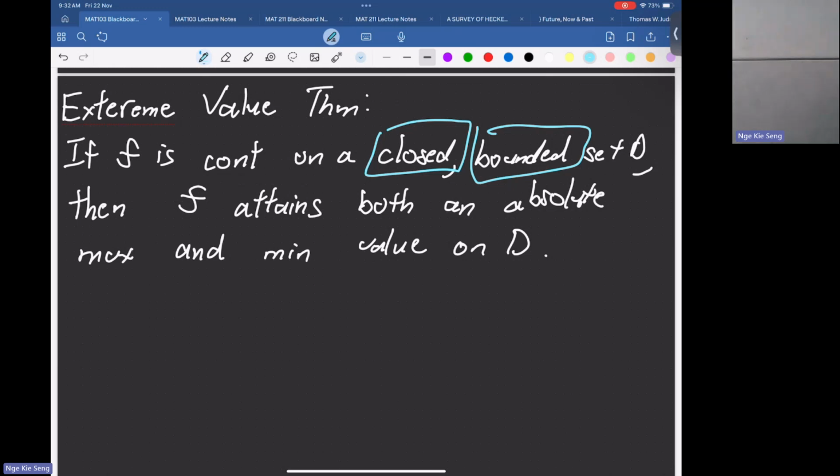You cannot be greater than one number, and you must be greater than some small number. So you have a bounded region. But how about R2? How to bound R2? Maybe this classroom will bound this space here. Let's say there's no door, you cannot go out. So in general, how do we define a bounded set in R2?